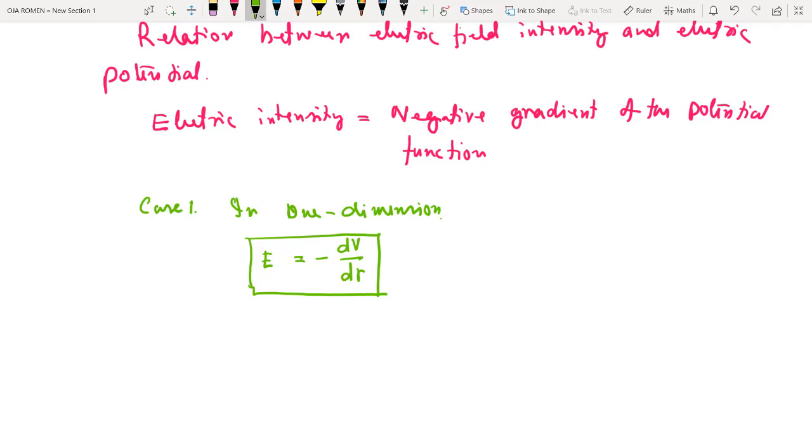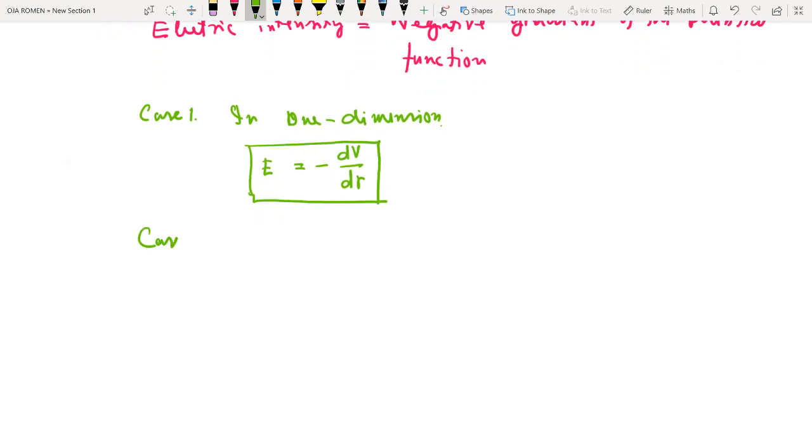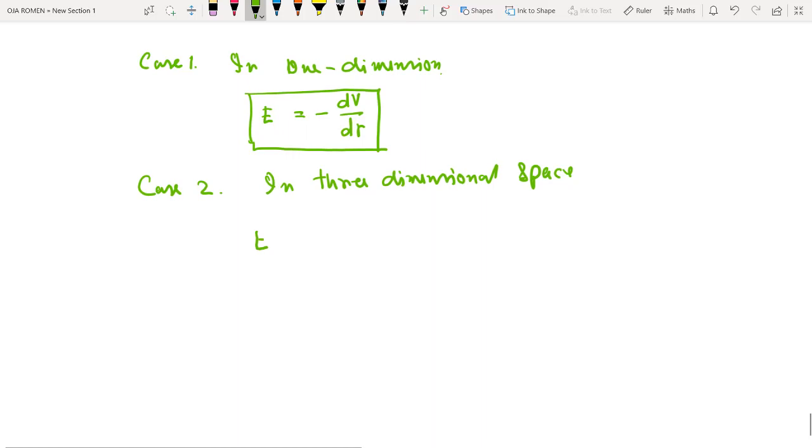The one dimension with a single axis. Then case 2, in 3-dimensional space, the electric field E is minus grad V, read as grad V.